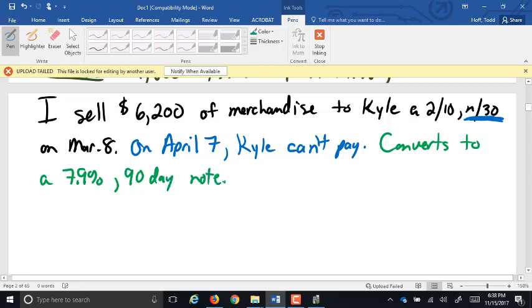So what that does is that gives Kyle 90 more days to pay, but it's charging him interest now. Before, the first 30 days were free. After that, he's going to pay 7.9%.